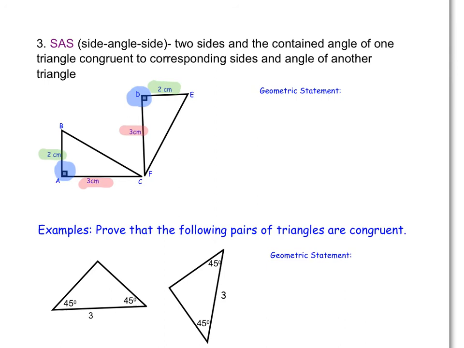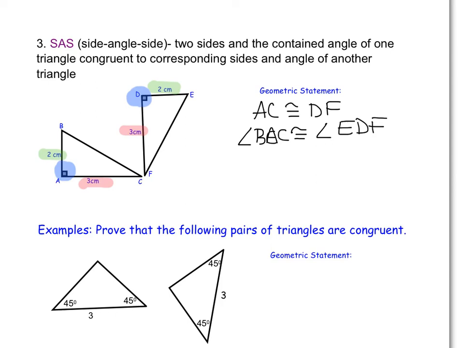For my first statement, I'm going to start with my pink sides. So I'm going to say that side AC is congruent to side DF. And then I'm going to state my blue angles, angle BAC is congruent to angle EDF. And then I'm going to state the green sides.